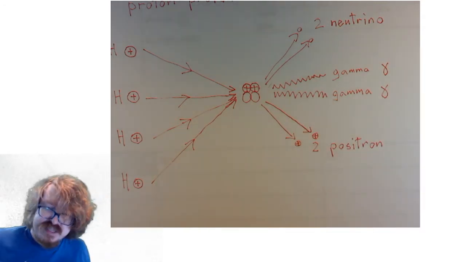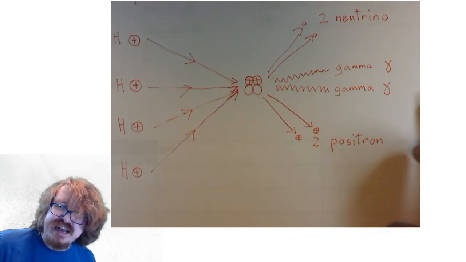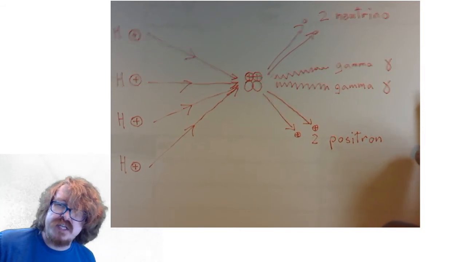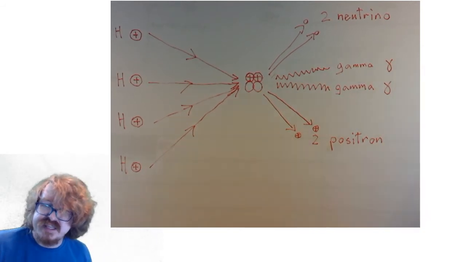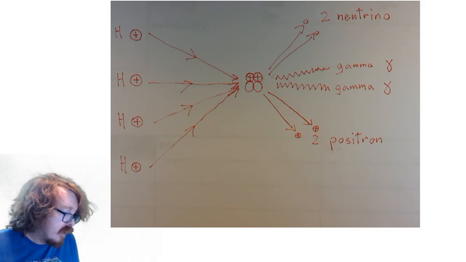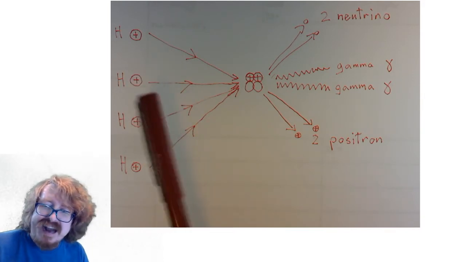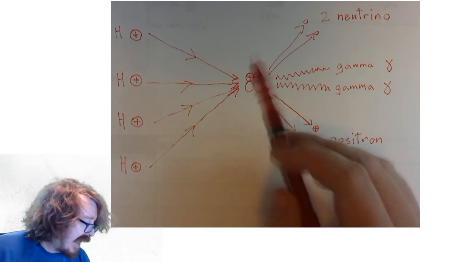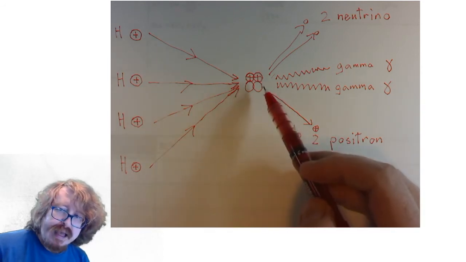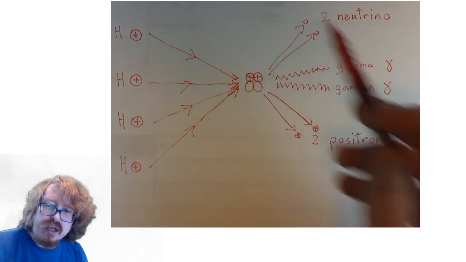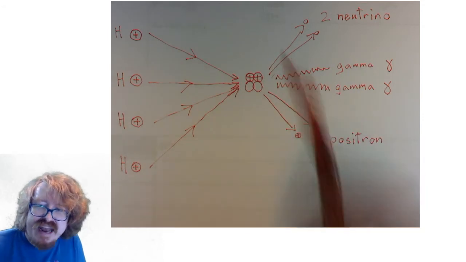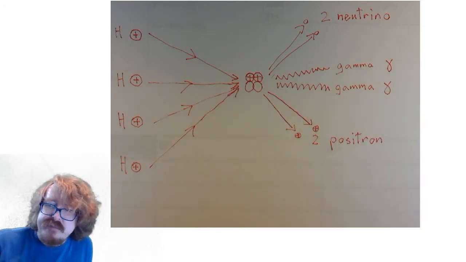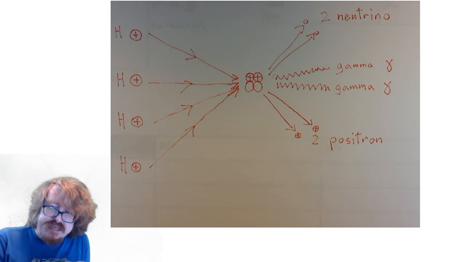Like I said, this is a nasty looking diagram right here, but it's almost done. Okay, so let's check this out. Again, we fuse 4 atoms of hydrogen together, and we make a new atom, and at the same time, all of this stuff pops out of that atom because of the monkey business that was happening during that fusion.